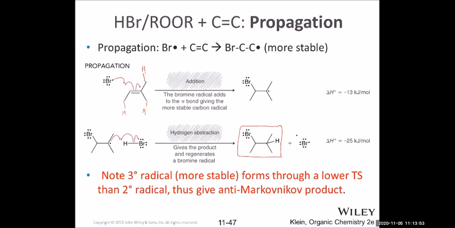And the bromine goes back to the same cycle, so it is self-sustained. Okay, the reaction can actually take place on the other carbon as well. I need to use a different color. If the reaction happens on this carbon, we will get a different radical.